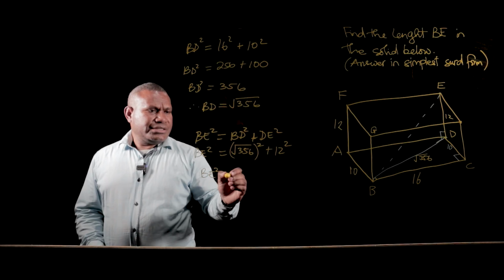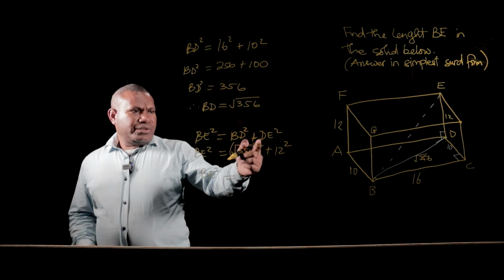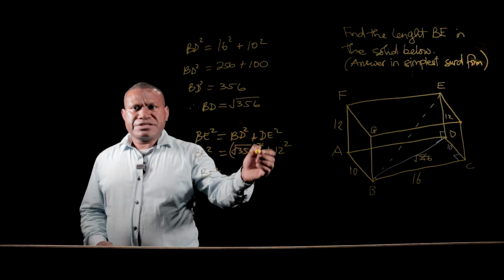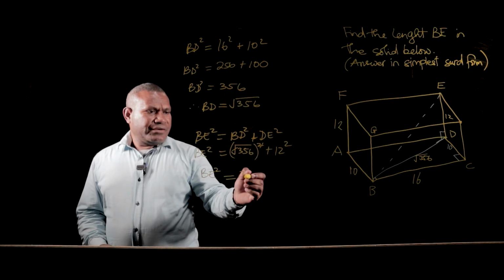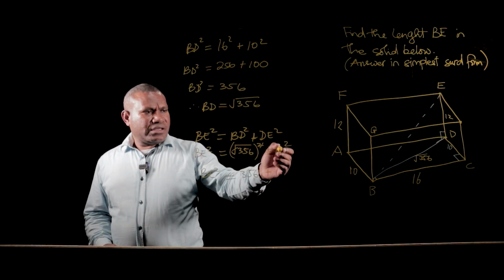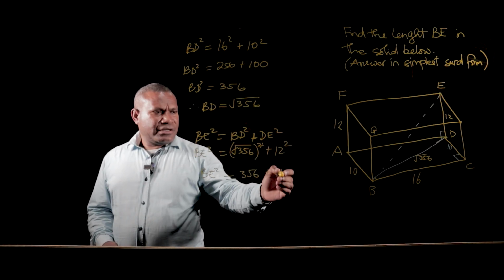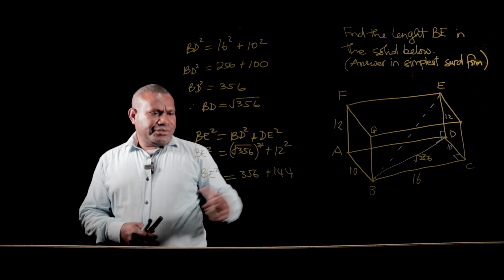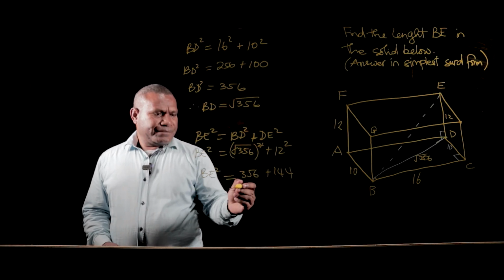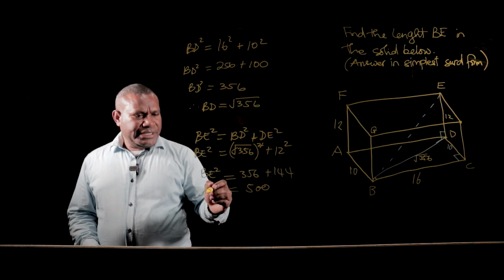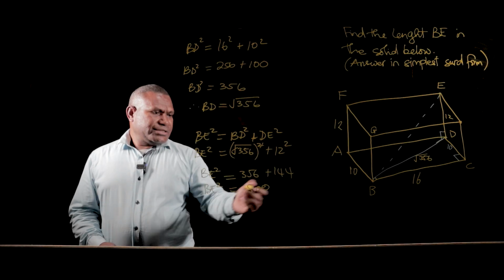BE squared is equal to, when you square this square root, this symbol here cancels out with the exponent. So you're left with 356 plus 144, since 12 squared is 144. When you add this up, you will end up with 500. So BE squared is equal to 500.